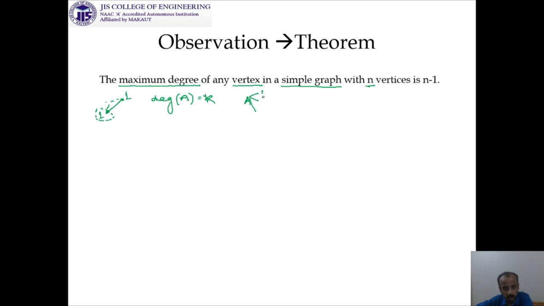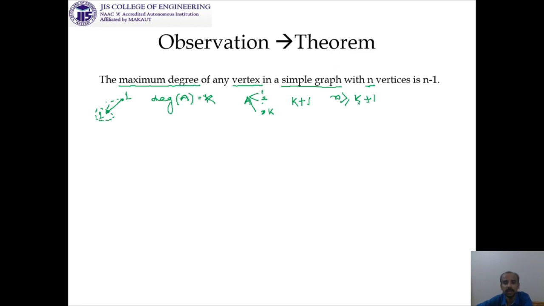So 1, 2, 3, dot dot dot, in this way there are k vertices. That is why this is having degree k. So in the simple graph at least k plus 1 vertices have to be present. This is k vertices and this is the vertex A. So n has to be greater than or equal to k plus 1. N has to be minimum k plus 1 or it may be more.